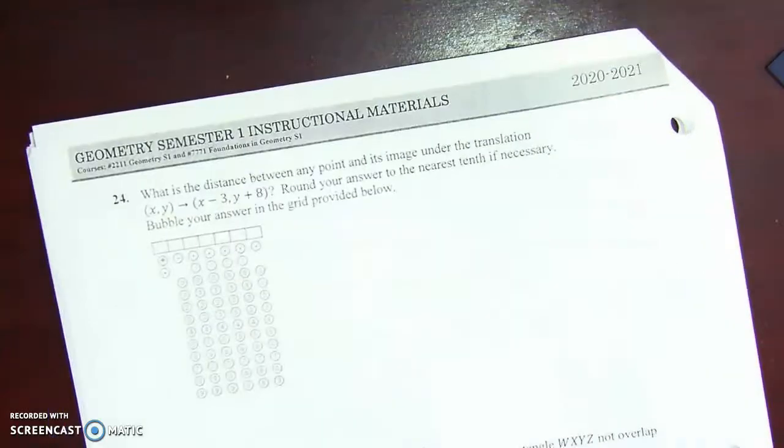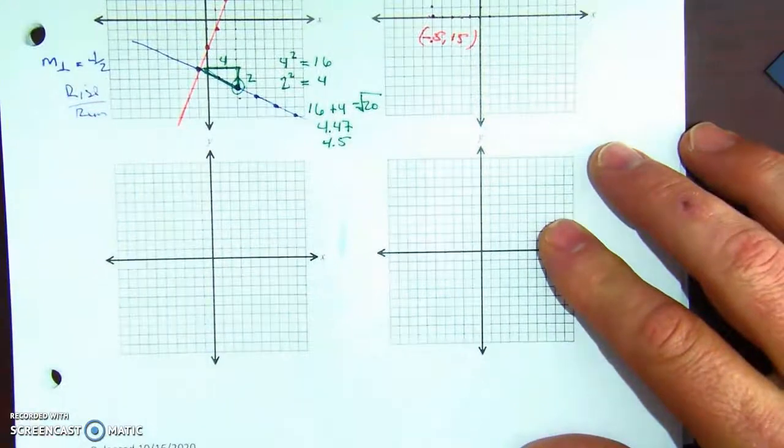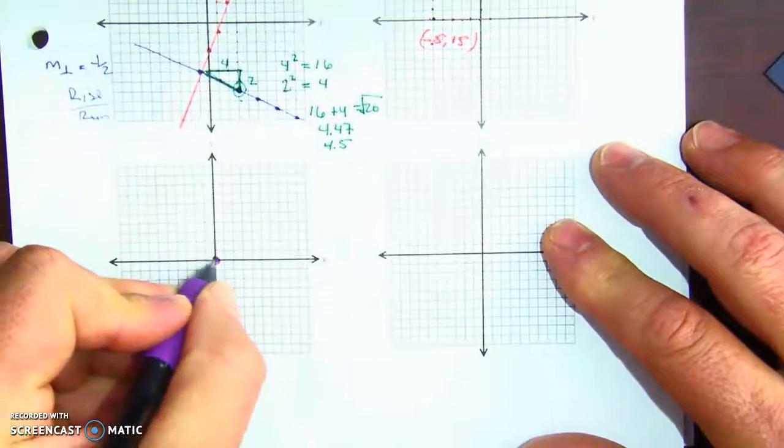So let's go to the graph, and we are just going to randomly pick a point. Doesn't matter where it is on the graph, okay? And the easiest one that I always do, well, let's just start with the origin here, okay?